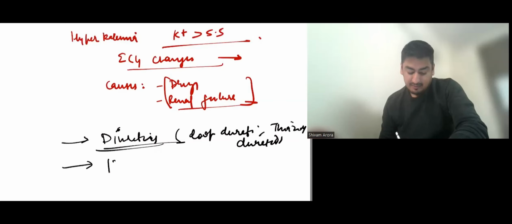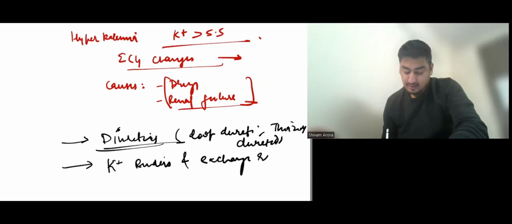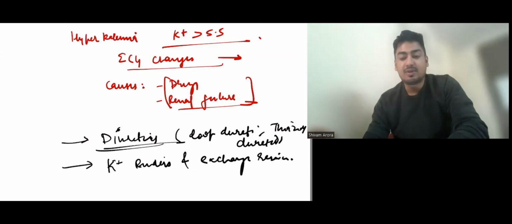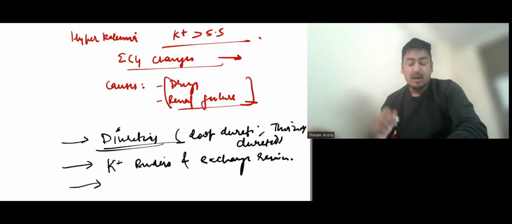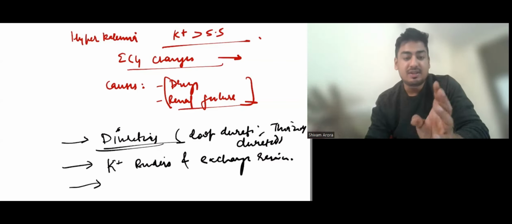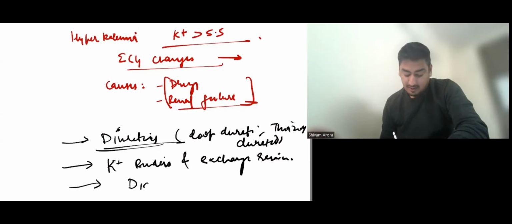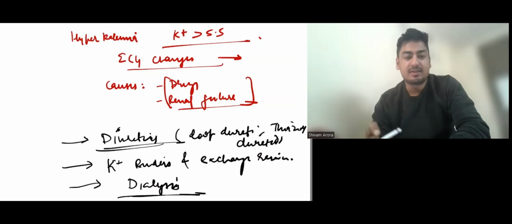Then we can give potassium binders and exchange resins. They also have a slow action, so definitely they are not the immediate line of management. Then if the hyperkalemia is resistant to all this management, then we have to go for dialysis. So the final management is dialysis.